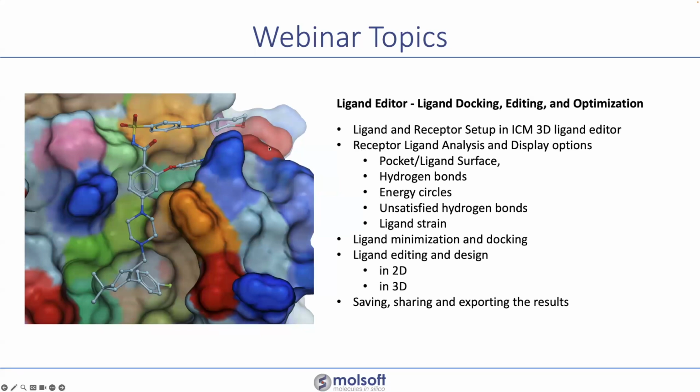Once you have it set up, you can display different pocket surfaces, hydrogen bonds, and other interactions, which we'll go through. We'll also show how to make modifications in 3D or in a 2D environment, and then see the effect of those modifications on ligand binding. And then show how you can save, share, and export your results.